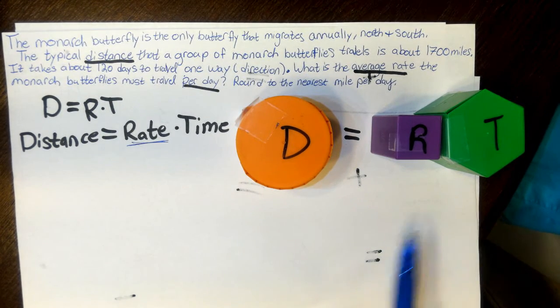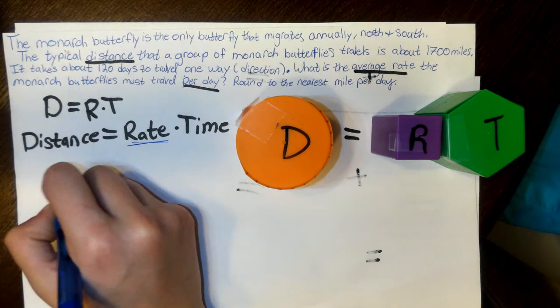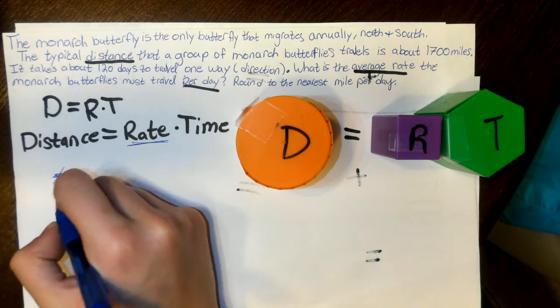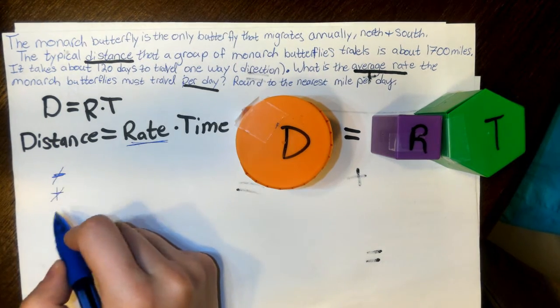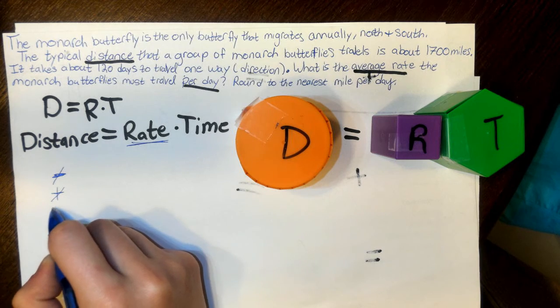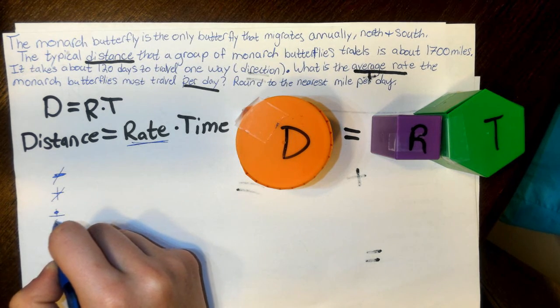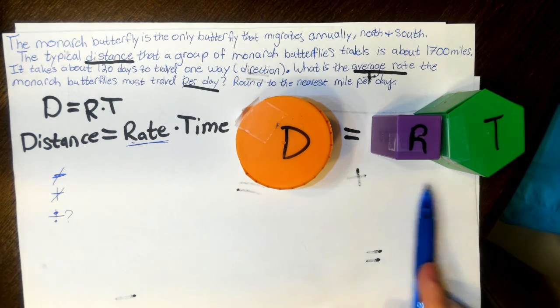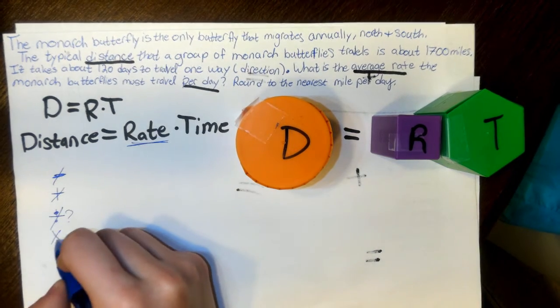So using the inverse operations, how are we going to do so? Do we have any subtraction? No. What about addition? No. Division? No, because we have R times T. So we're going to look at multiplication.